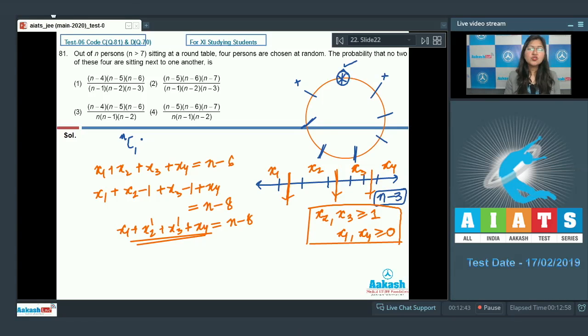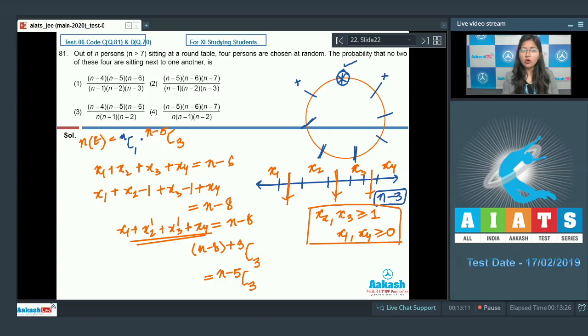Hence, the number of solutions of this will be n-8 plus 4 minus 1, that is 3, C3, that is equal to n-5 C3. That is the required number of elements in event E will be equal to nC1 into n-5 C3, right?